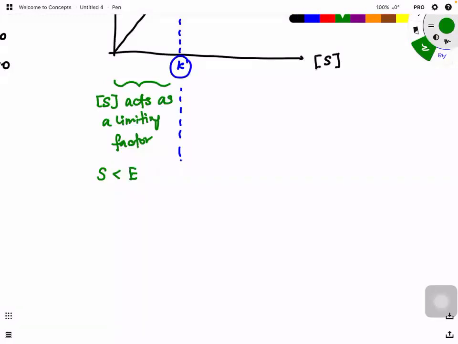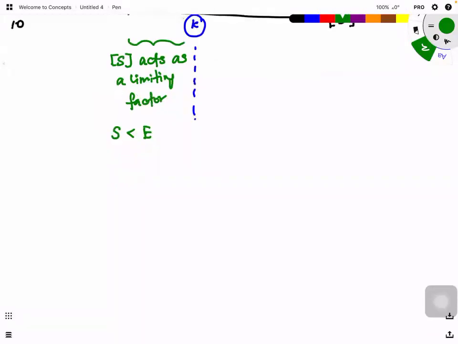Are you clear? So it means that some of my workers actually are doing nothing. So basically, you can see that some active sites of the enzyme are unoccupied. So it means that my enzyme hasn't worked at the maximum rate yet.